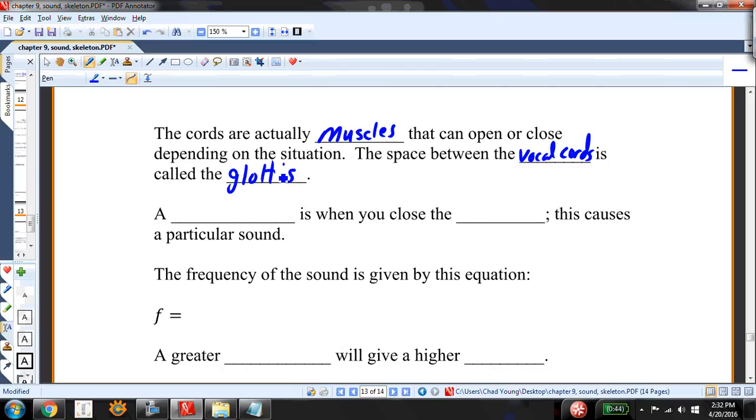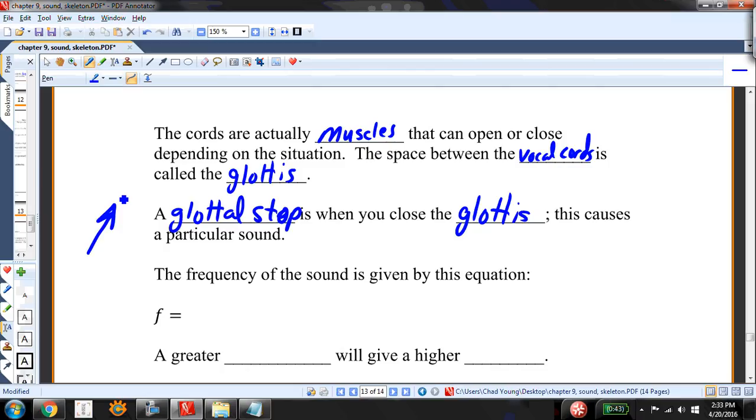There is a technique in singing called a glottal stop. A glottal stop is when you close the glottis, and this causes a particular sound. I have a video. This is just about singing. You need to know what a glottal stop is, that it's a closing of the glottis, but you don't really need to know about the singing part. But I think it's fairly interesting, so you can watch this if you want.